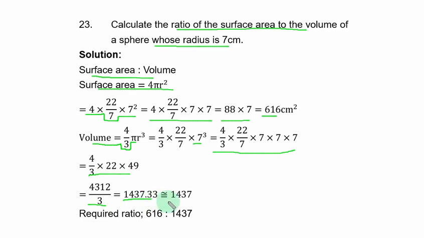You have 1437. Therefore, required ratio becomes 616 ratio 1437.